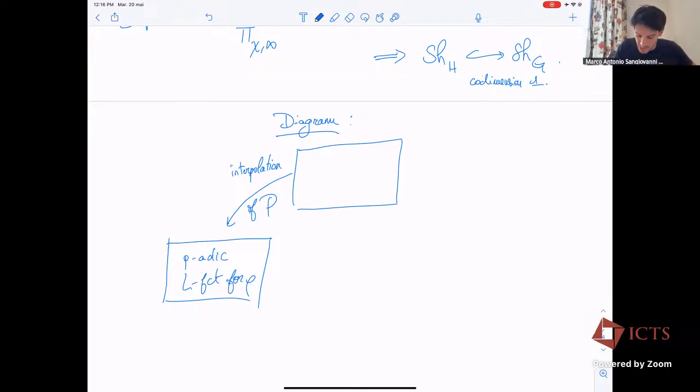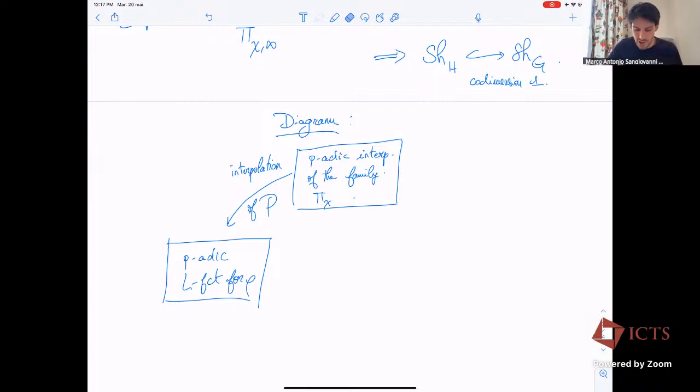And so here you will have a p-adic interpolation of the family attached to pi chi, but restricted to the small group H. So you have a p-adic family that interpolates all these pi chi's, and moreover, you have an interpolation of the period integral.